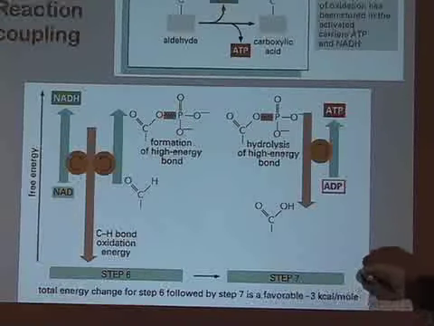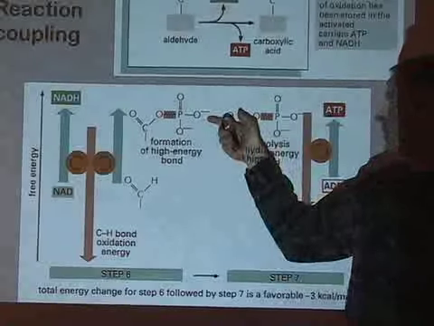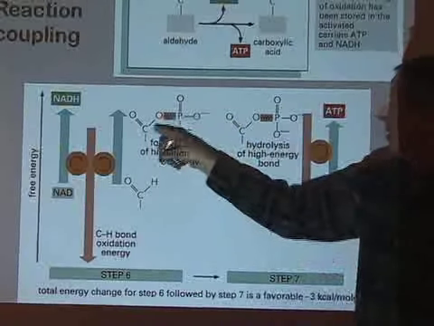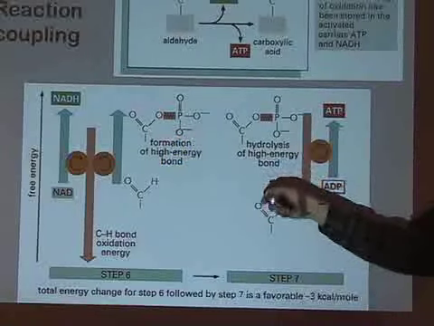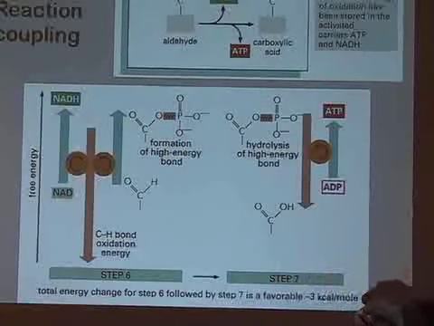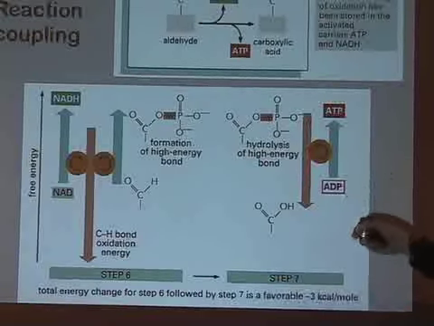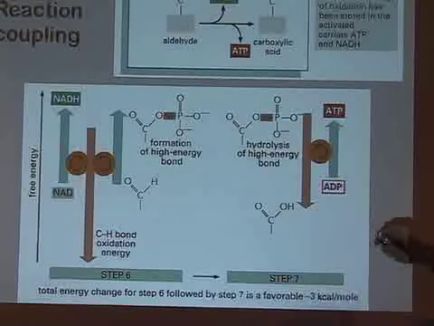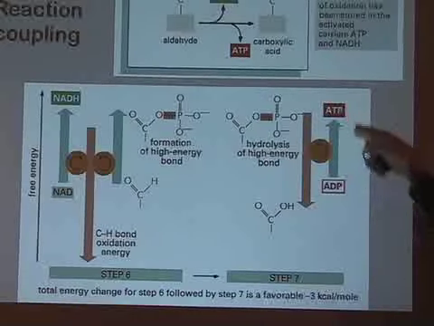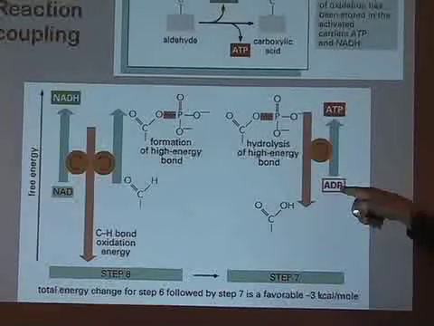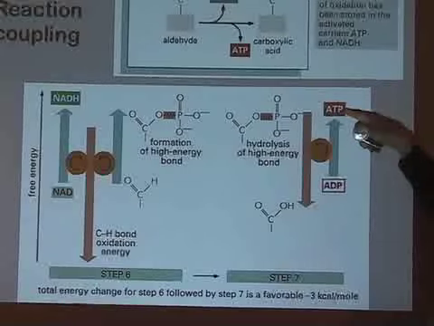Okay? So an intermediate is formed in which the phosphate is attached to this carboxyl group. In the second step, this energy is released, that's this brown arrow, and the phosphate is transferred to ADP to form ATP.